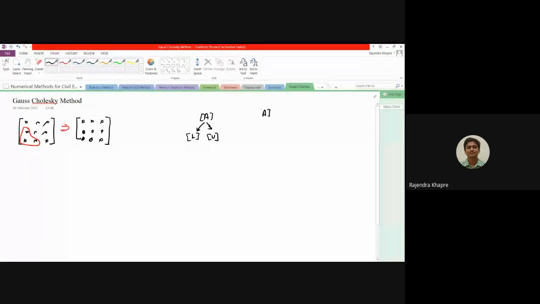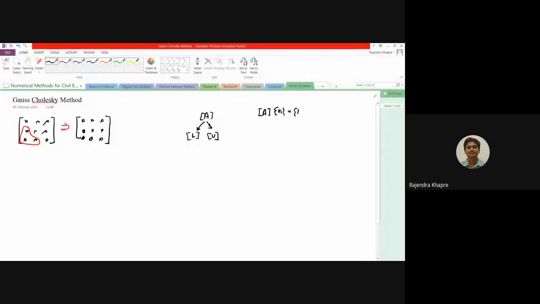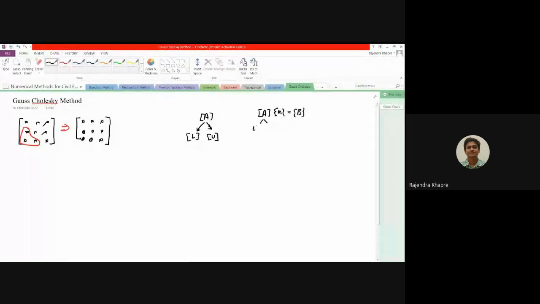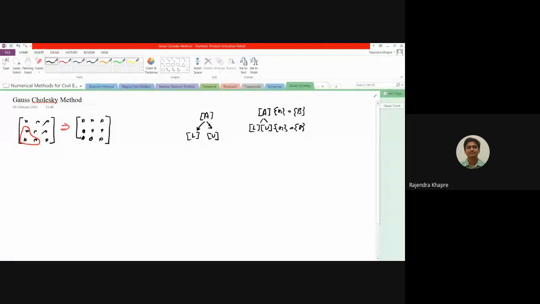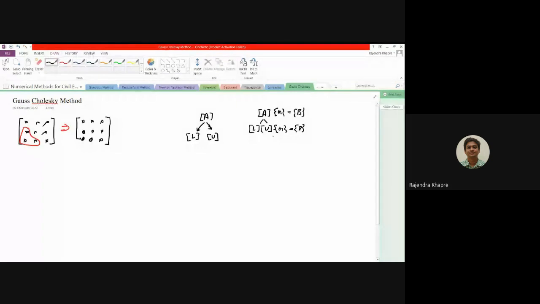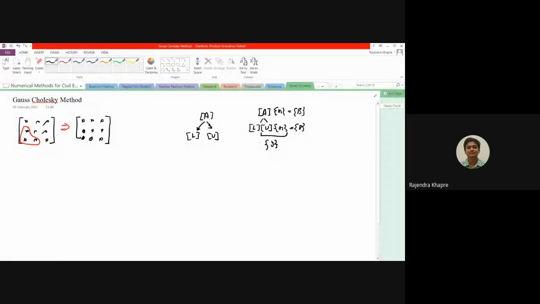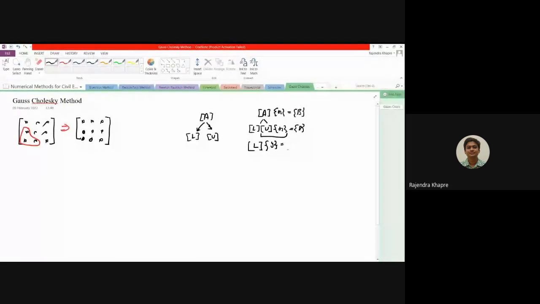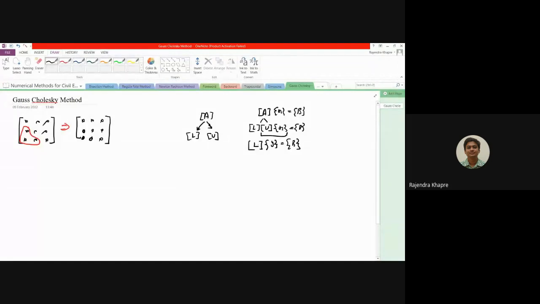We have an expression A into X equals B. So A is now replaced with L multiplied by U, into X equals B. We assume U into X is Y, so L into Y equals B. Since this is a lower triangular matrix, it is easier to find the value of Y. Once Y is calculated, we can calculate X using the simple expression Y equals U into X. So this was the Gauss method and this was the Cholesky method.